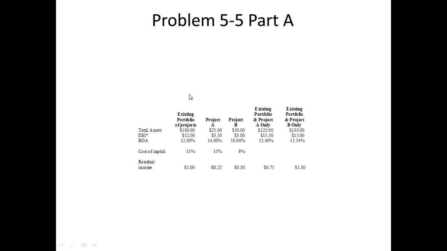Because in the case of project B, the residual income of her subsidiary would rise to 1.3 million, whereas if she accepted project A, it would drop to 750,000. So it's very unlikely that under residual income she would accept Project A, but notice the acceptance would be automatic under ROA.